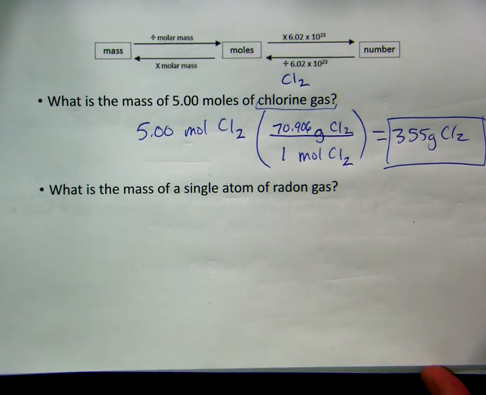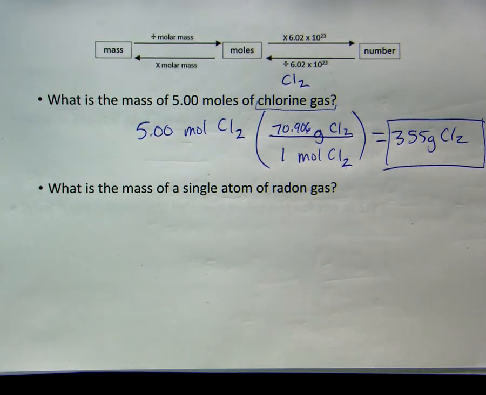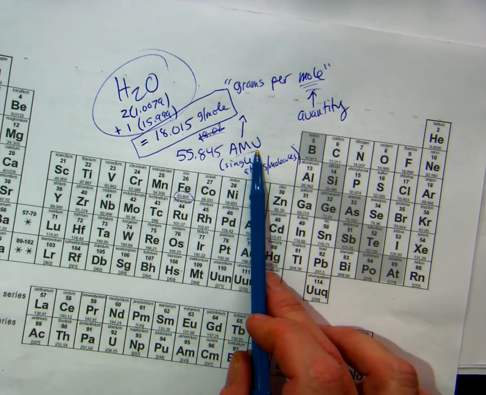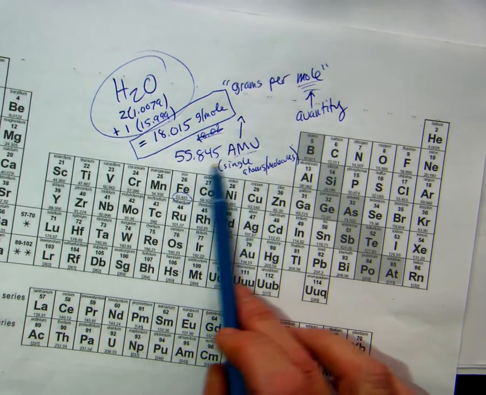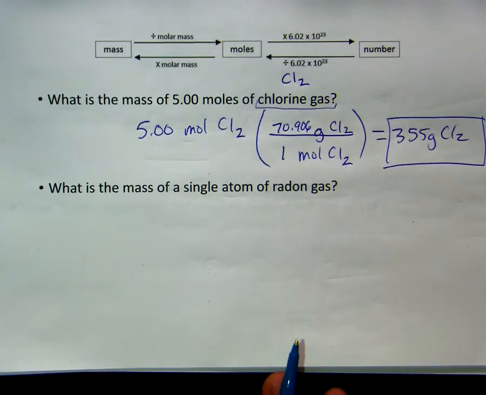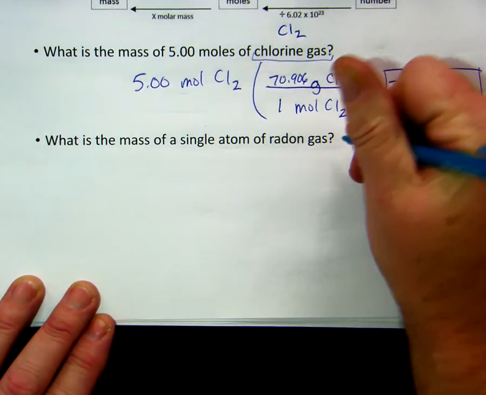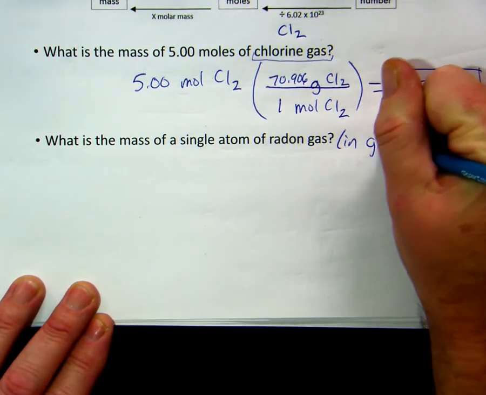Now, you may remember, although it may seem like forever ago, that we started off this conversation by saying we used to talk about the mass of single atoms in atomic mass units, or single molecules in atomic mass units. But this chapter is different. So when we ask you what is the mass of a single atom of radon gas, we're asking it in grams.